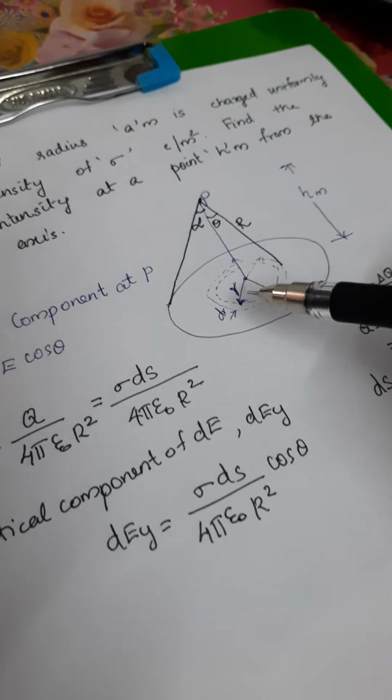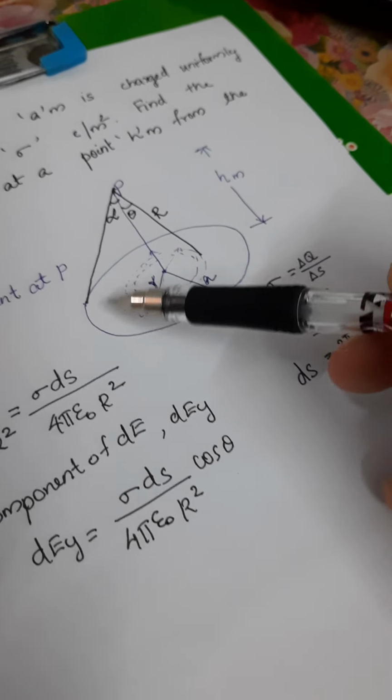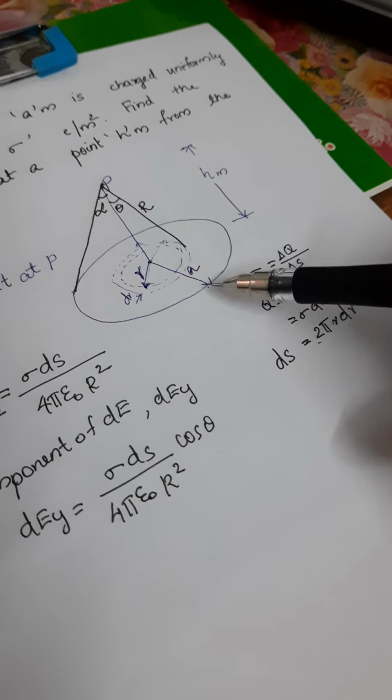Now what we have to find is the electric field intensity at this point due to the whole circular disc, with radius from 0 to a.